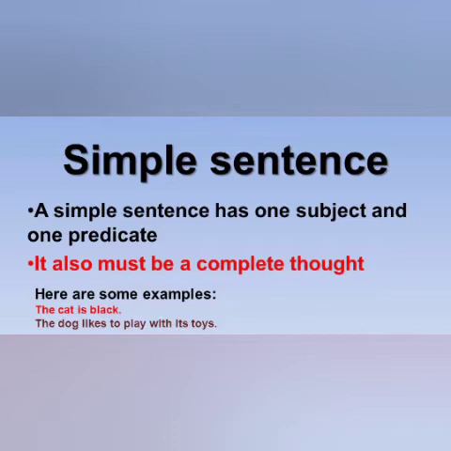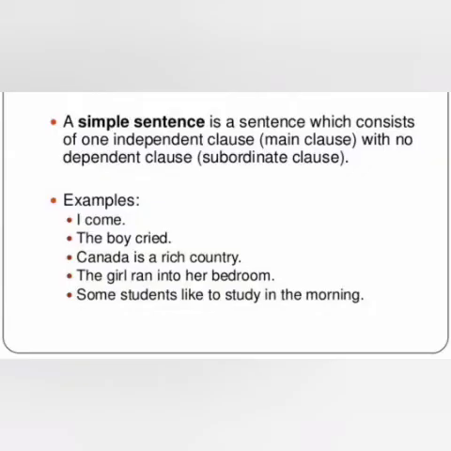Both sentences have a complete thought in themselves. Once again, a simple sentence consists of one independent clause with no dependent clause. It means these sentences have a main clause but no subordinate clause because they have a complete thought in themselves.